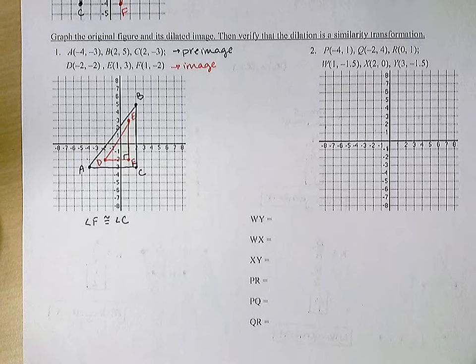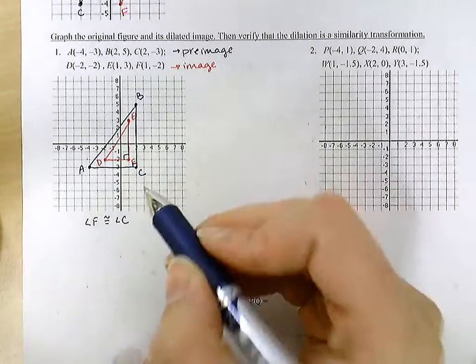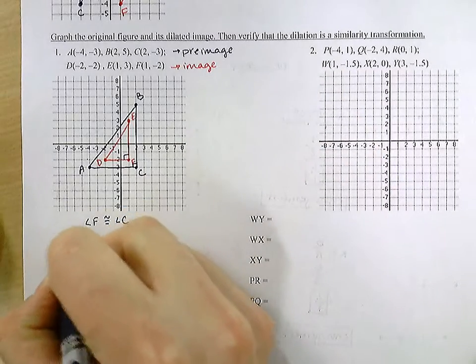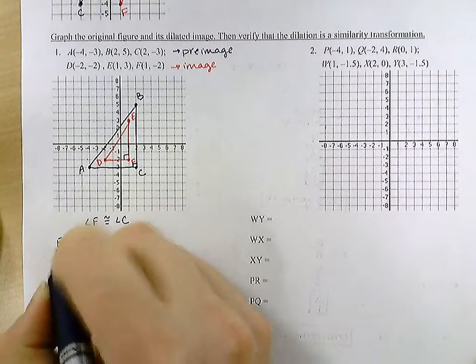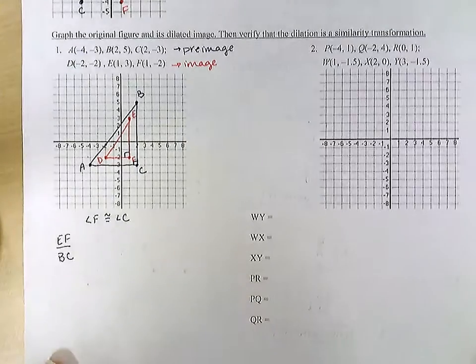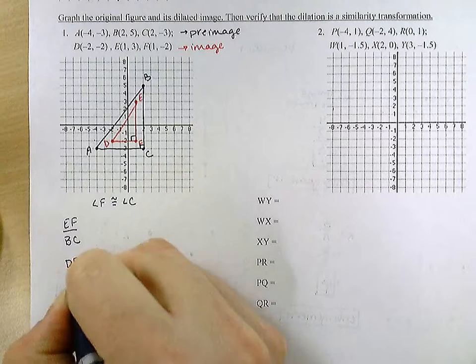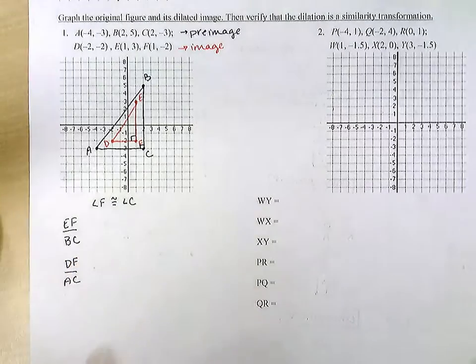I want to check the sides that surround those two angles to try and prove this by side angle side. So I'm going to compare side EF to BC. And I want to compare side DF to side AC.